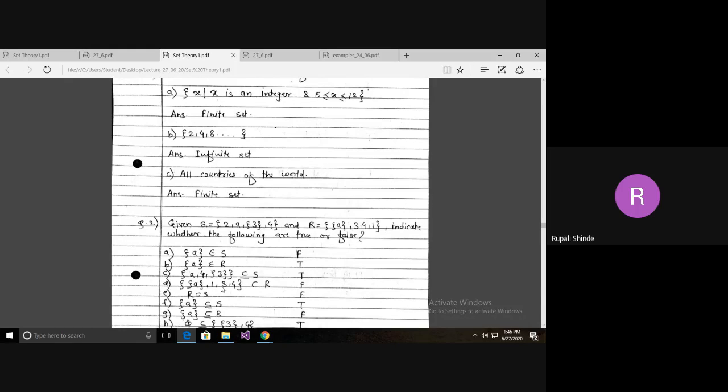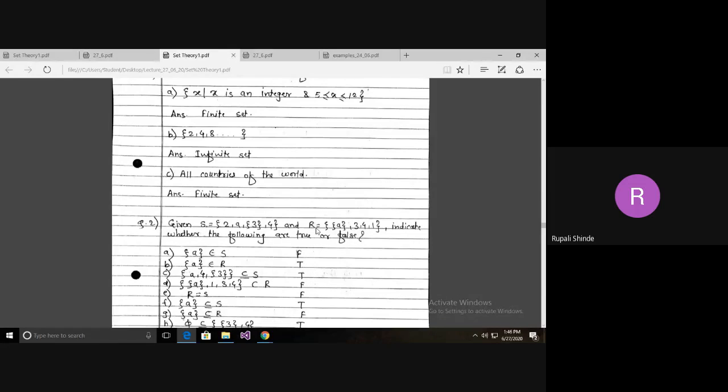If a given set is a subset of R and if it is not equal to R, then only it is called a proper subset. But if you check here, all the elements of R are given here. So this set is equal to R. That's why this is not a proper subset of R. So your answer is false.